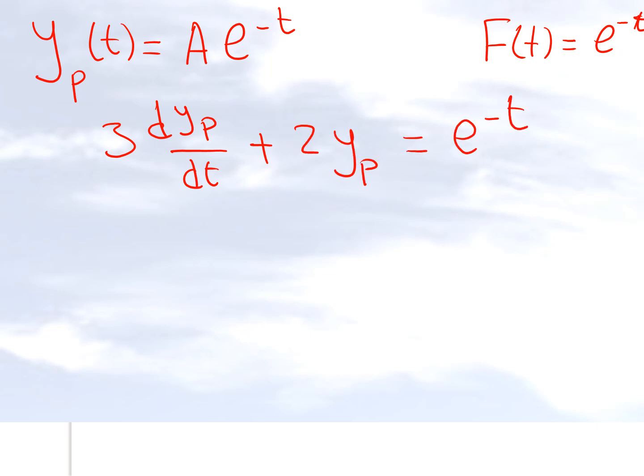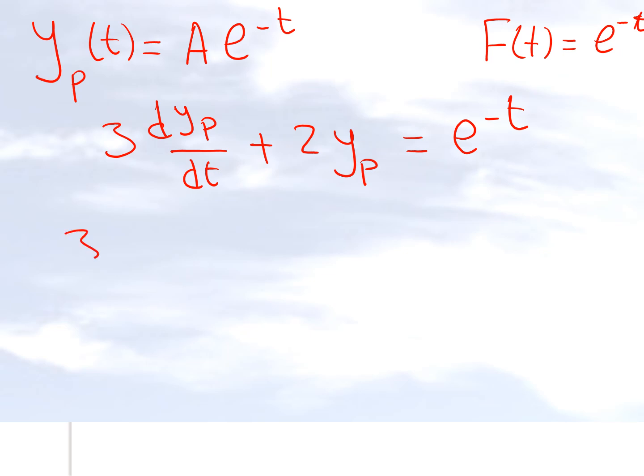One way to solve for it is to plug this proposed solution for yp into the differential equation. So our differential equation is 3 dyp/dt plus 2yp has to equal e^(-t).